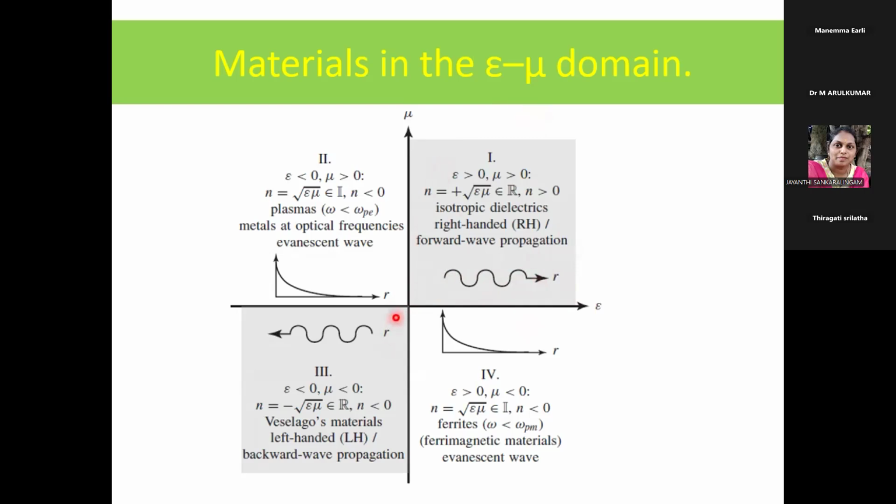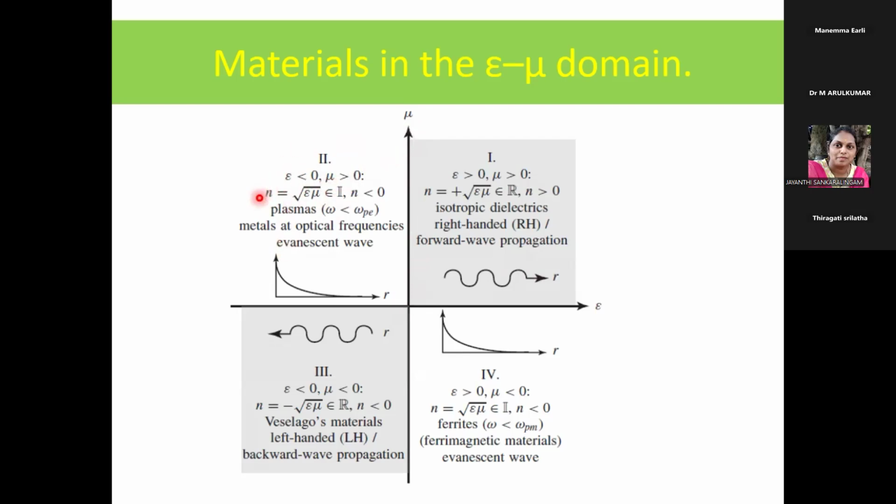Now, if you take epsilon as a negative value and mu as a positive value, this type of behavior is usually present in metals at optical frequencies. Epsilon is negative, mu is positive for metals, which fall in the second quadrant.